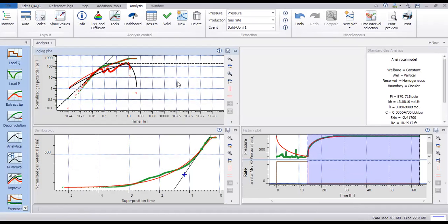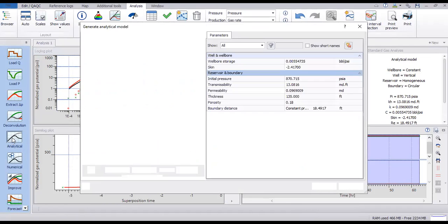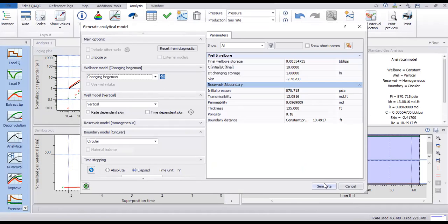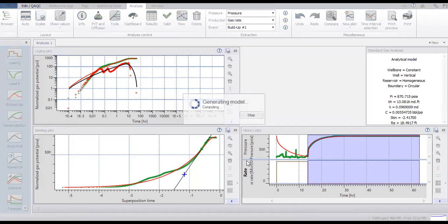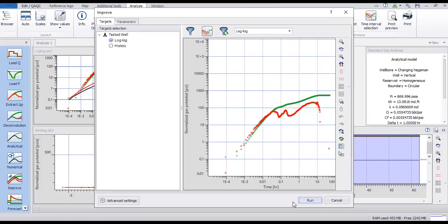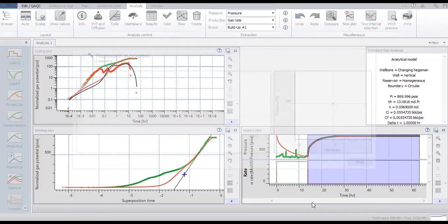Almost there. Then I uncheck the show tools. I'm going to need help from constant or changing wellbore storage. Let's use improve.